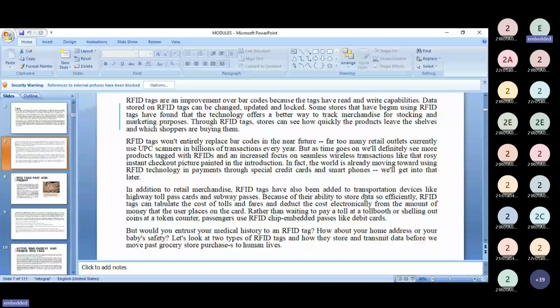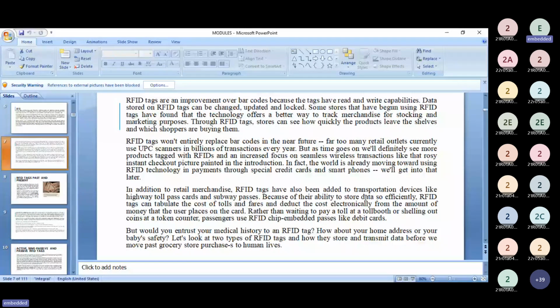Some stores have begun using RFID tags and have found that the technology offers a better way to track merchandise for stocking and marketing purposes. Through RFID tags, stores can see how quickly products leave the shelf and which shoppers are buying them. RFID tags won't entirely replace barcodes in the near future. Far too many retail outlets currently use UPC scanners in billions of transactions every year.